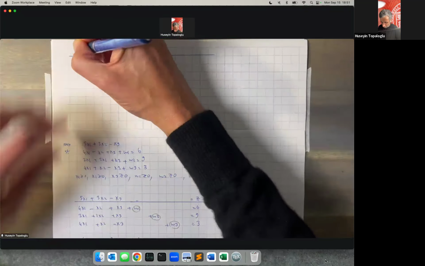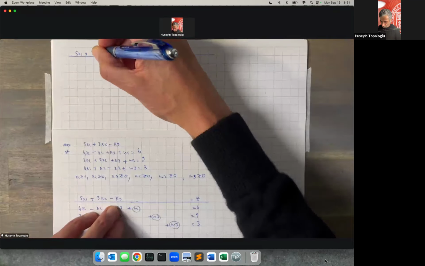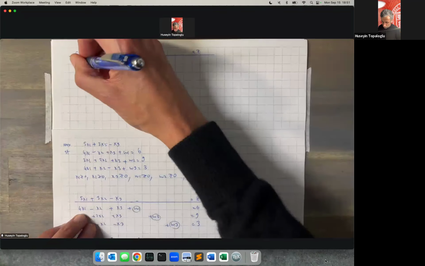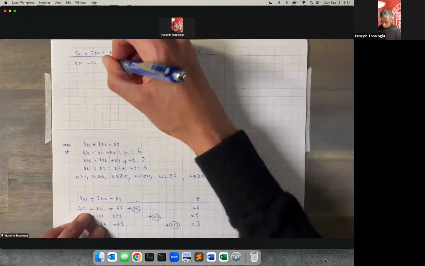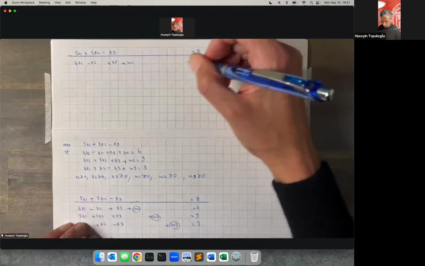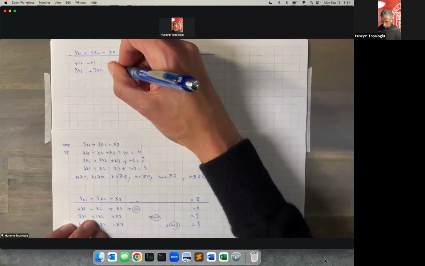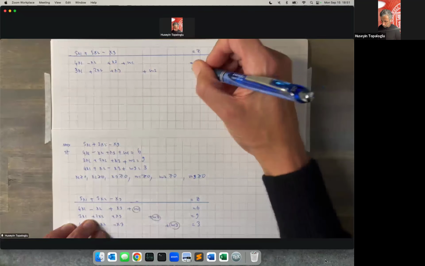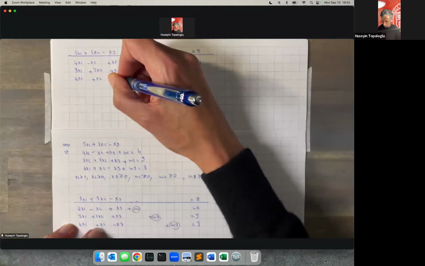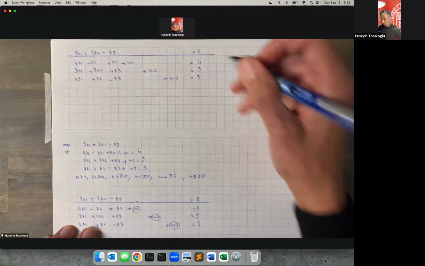So x1 plus 3x2 minus x3 plus w1 equals 6, first constraint row, second constraint row, 3x1, 2x2 plus x3 plus w2 equals 9, 4x1 plus x2 minus x3 plus w3 equals 3.